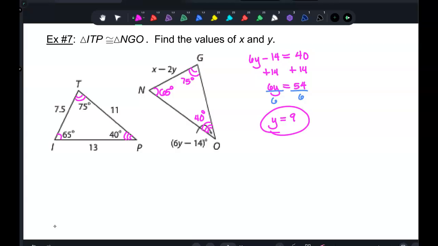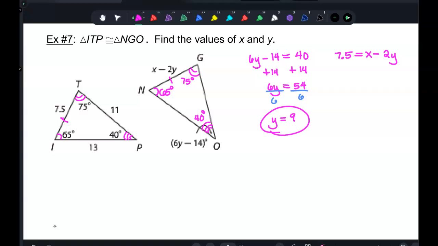Any ideas? X minus 2 times 9 equals 7.5. Okay, so if I look at the sides, I can see IT matches with NG. So I know 7.5 has to equal x minus 2y. Do we see that? This side and this side are equal to each other.